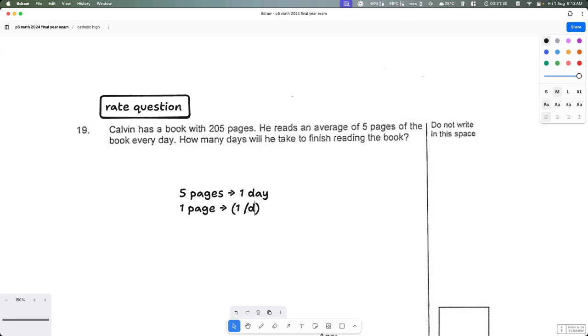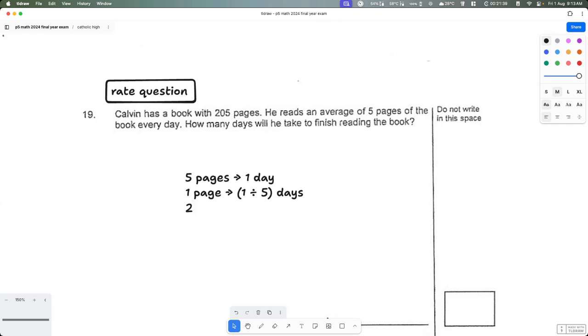You have 1, and then we divide it by 5, and put days here. Then you put 205 pages, and this will become 205 divided by 5. So what will this be equal to?